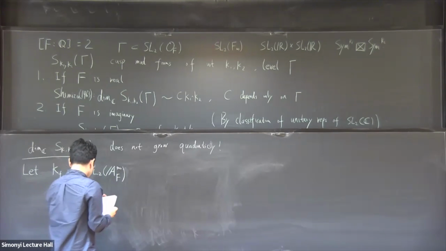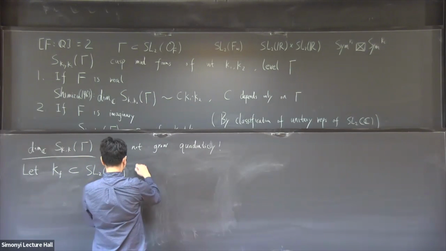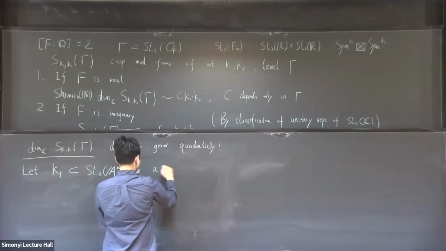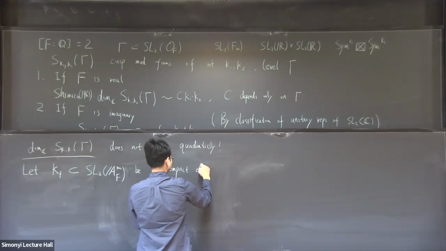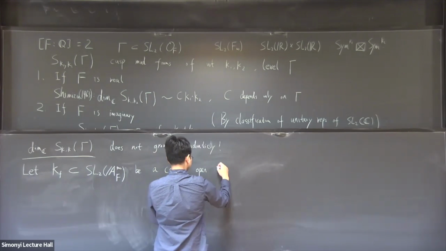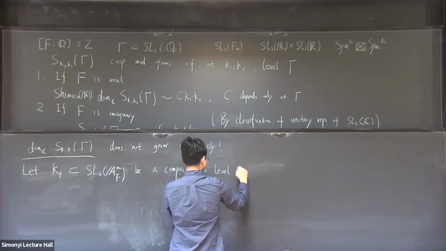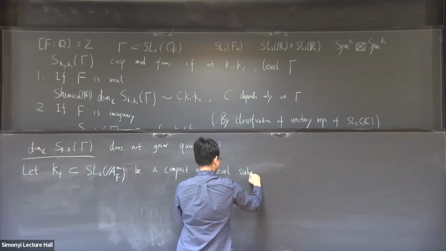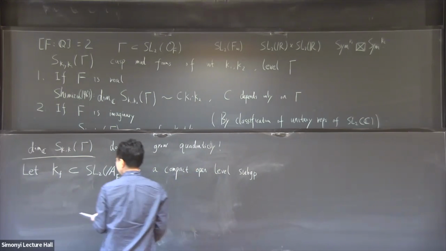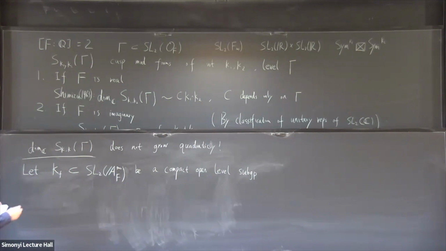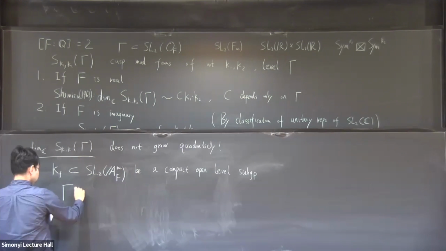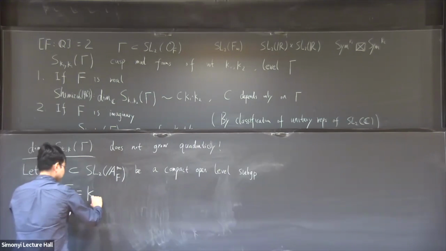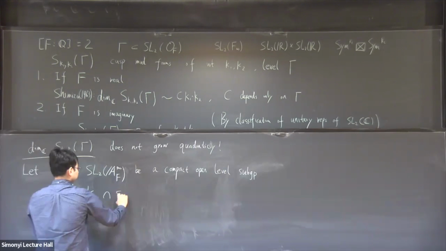It's a finite level subgroup. This level subgroup can recover the congruence subgroup Gamma by intersecting with SL2(F).